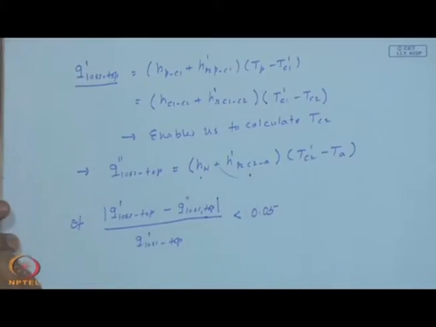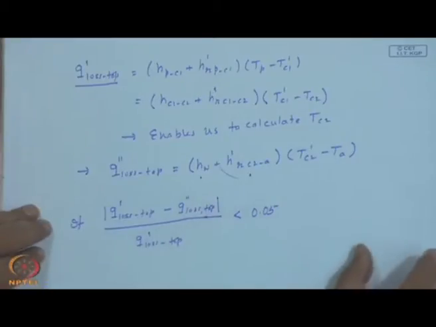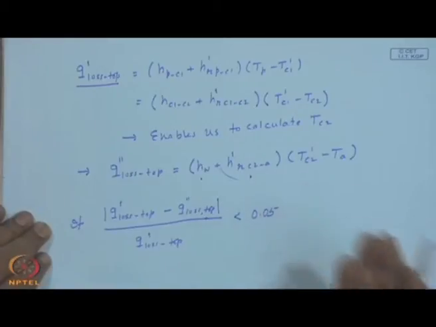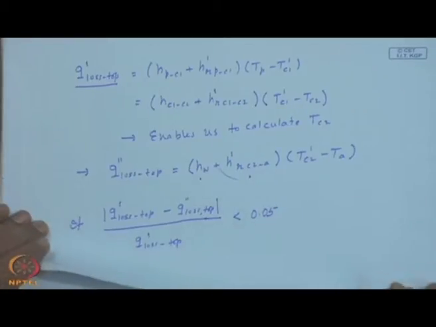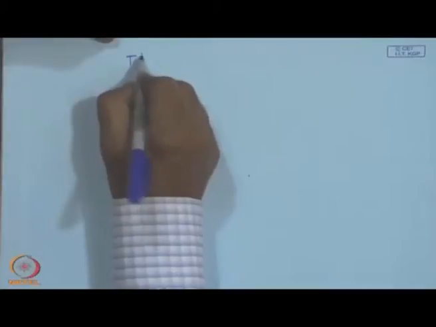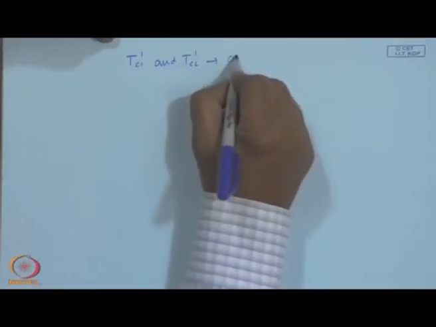That means, the difference in the guessed heat transfer from the top because of a guessed cover temperature should balance with whatever is the outgoing heat loss. As a consequence, these two should not differ by more than 5%. I may set it as 2%, 10% depending upon the accuracy that we need. If this is satisfied, T c 1 1 and T c 2 1 are acceptable.